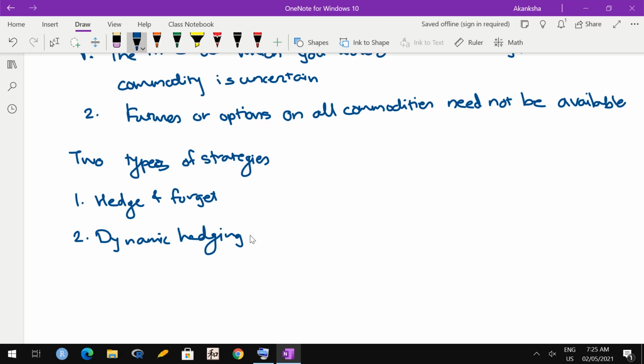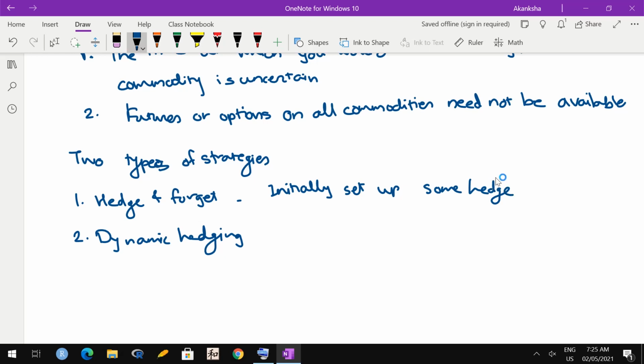As the names indicate, hedge and forget means you initially set up some hedge and you don't do anything else. You look into it only when you actually need to do some transaction, either buying or selling or closing out. I'll explain what closing out is.